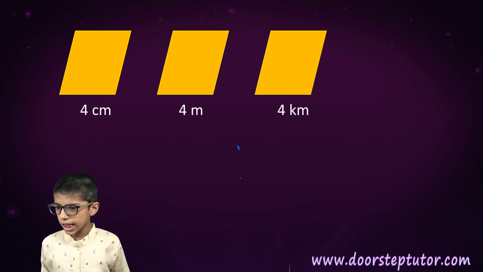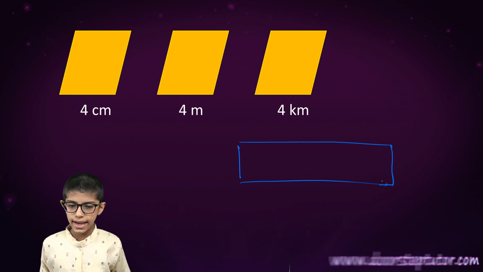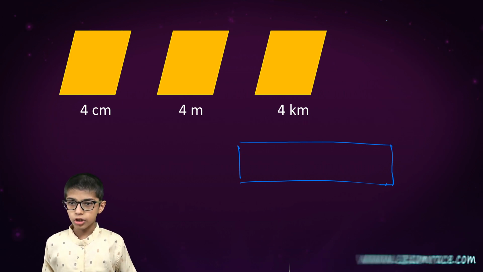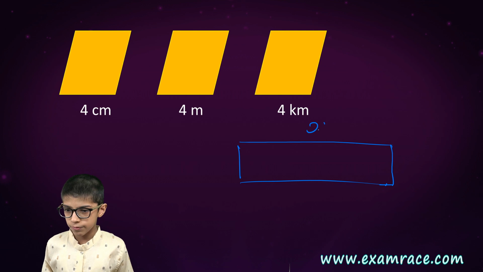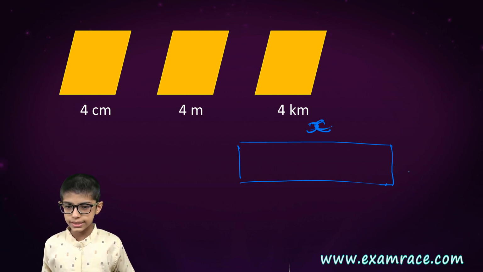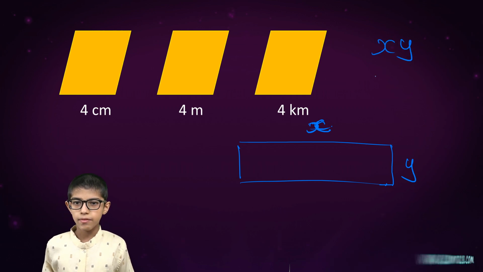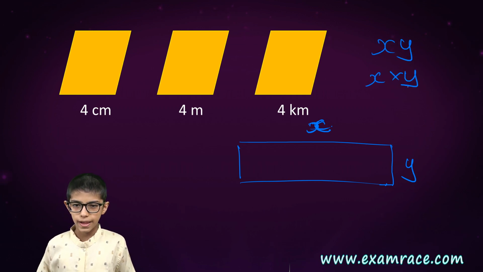Now, if I have a rectangle and I want to find the area and perimeter of it, what would be the area if the length is x and the breadth is y? The area would be xy, which is x multiplied by y.